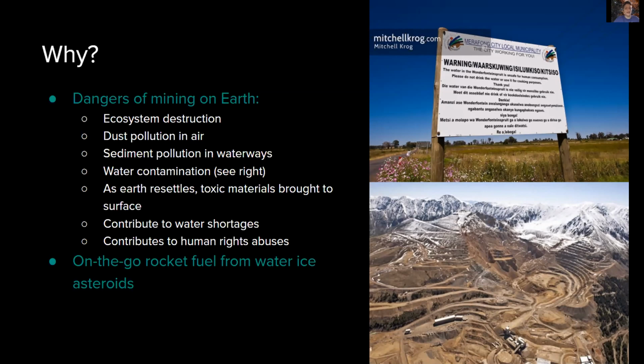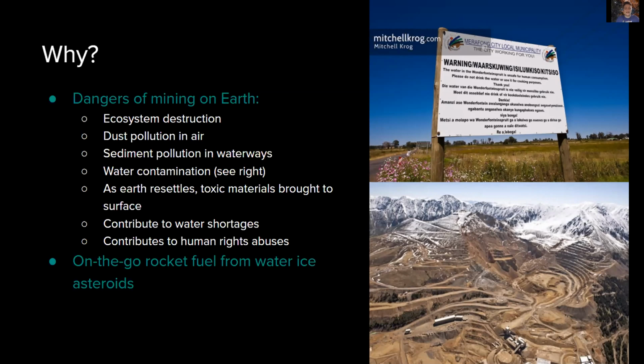So sometimes when you mine on Earth, there are things that become toxic once they're exposed to air that have been just chilling under the ground, and they're all suddenly brought to bear at once, exposed to the atmosphere, and now you have a bunch of toxic material. It contributes to water shortages. I read this story about Germany, where they had to pump so much water out of the mines that they lowered the water table, which meant that if you do that enough, you're going to run out of water.